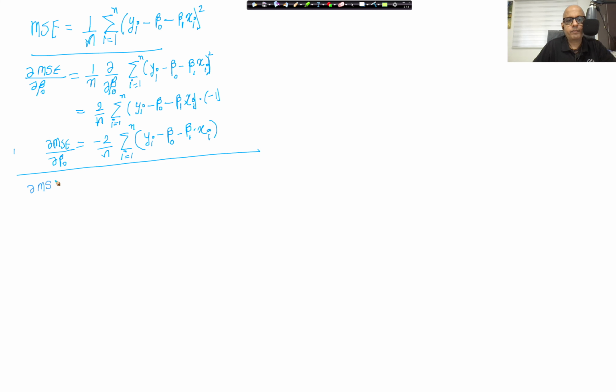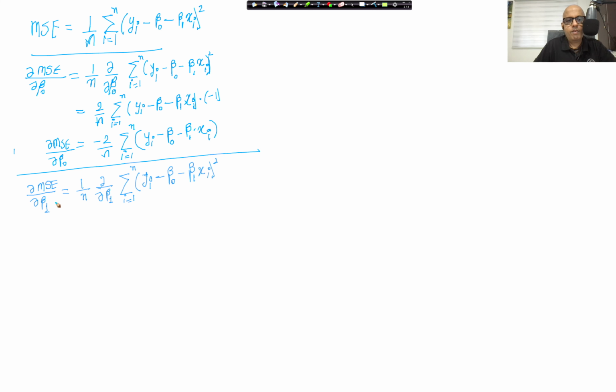Partial of MAC with respect to, this time, beta 1 is going to be equal to 1 divided by n, and here we are going to take a partial with respect to beta 1, and the summation term is going to be the same, where we have i equal to 1 to n, then we have yi minus beta 0 minus beta 1 xi, and the square of this.